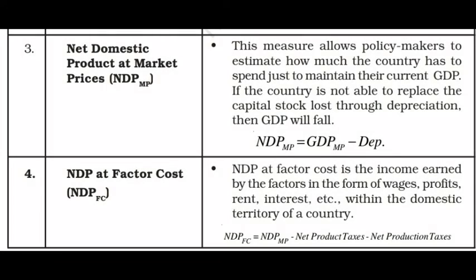Next, we are calculating how to get net domestic product at market price. NDP, net domestic product, is the money value of all final goods and services produced inside a country's geographical borders. Whatever is produced inside the country's geographical border, that is NDP. So net domestic product is equal to GDP minus depreciation.